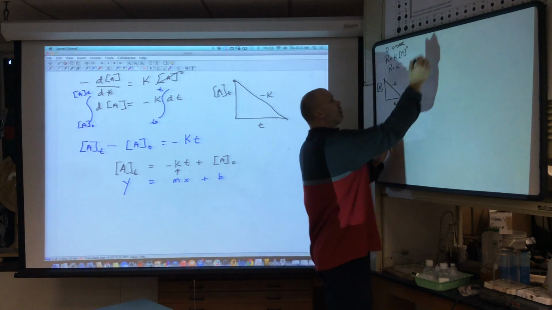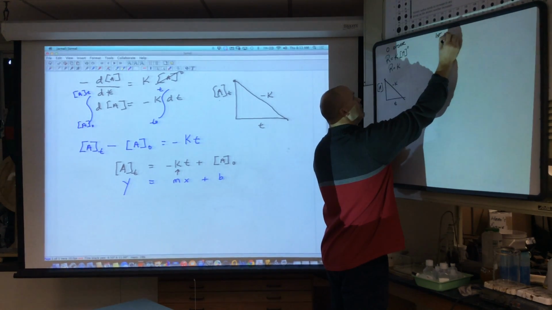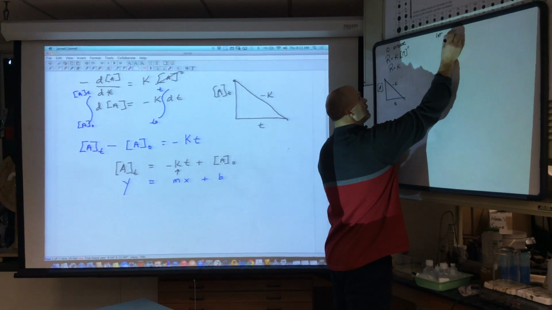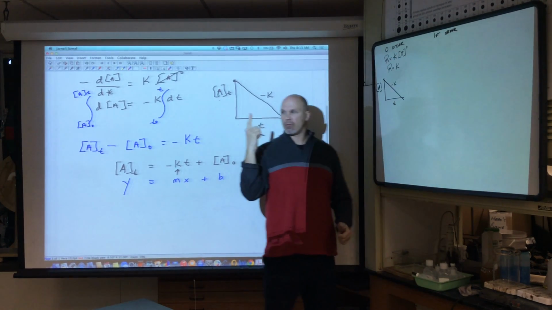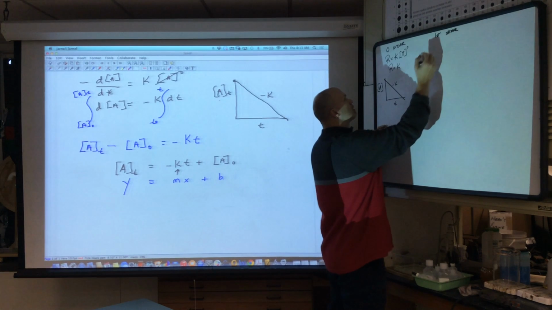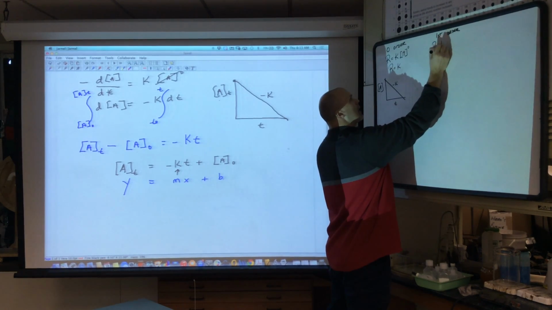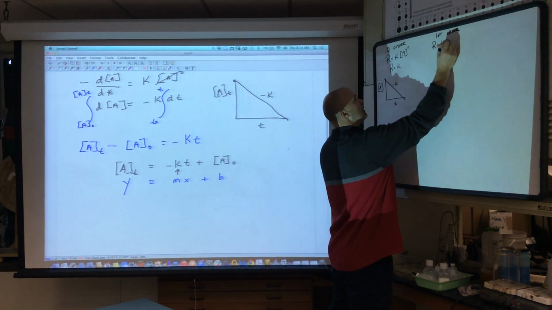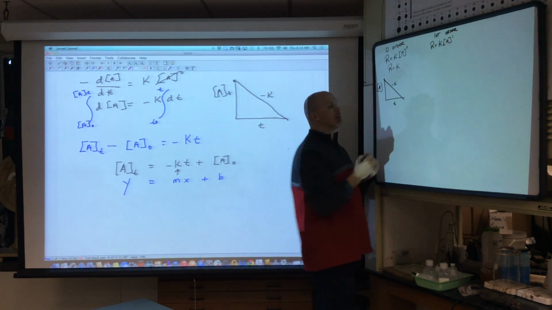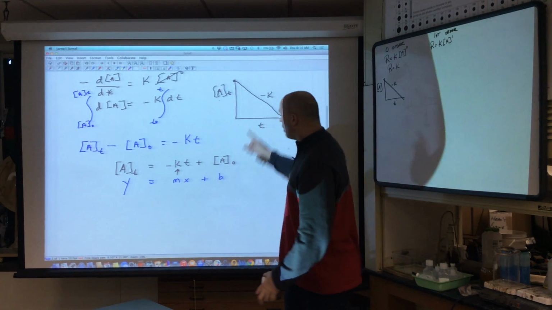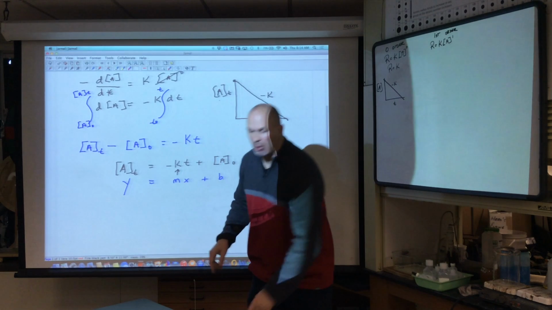Okay, let's do first order now. Now I'm only giving you first order with one element, okay? So R is equal to k A to the first, okay? And let's go see what kind of graph it does when we integrate the same way.